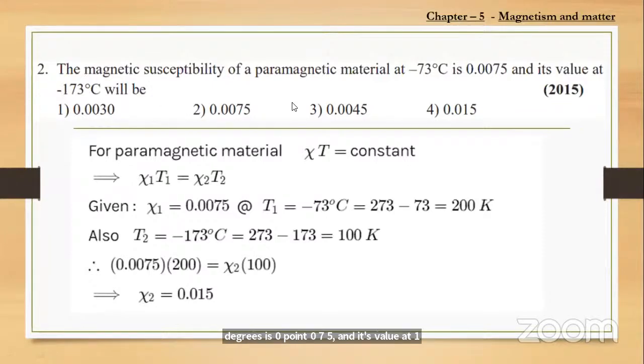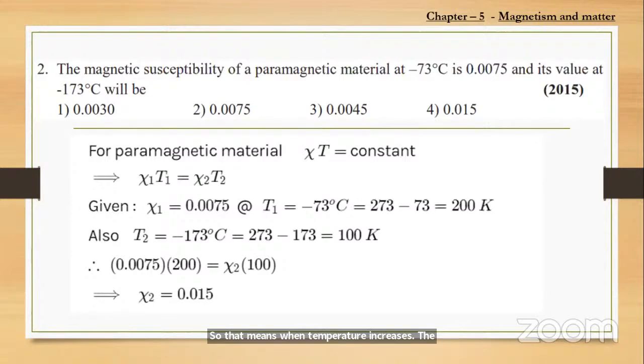This is a concept related to Curie's law. Curie's law says that the magnetic susceptibility, that is the chi value, is inversely proportional to absolute temperature. If the temperature increases, the susceptibility, that is the magnetization power, is lost. So when temperature increases, the susceptibility decreases.